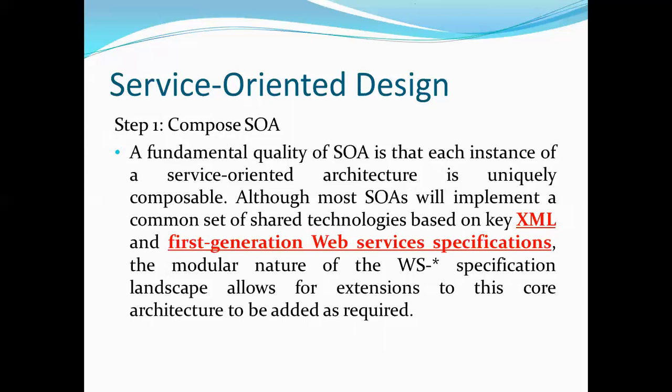And first generation web service specification. First generation web service specification means what? First generation web services are developed with the help of SOAP based services. Generally in service oriented designing we are covering how these SOAP based web services are designed with the help of XML.